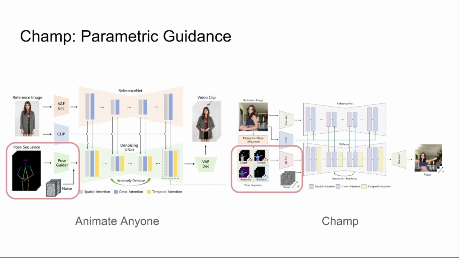They have a training strategy. First, they train the reference net only on image generation, and then they fine-tune the network in the lower part from an AnimateDiff checkpoint.